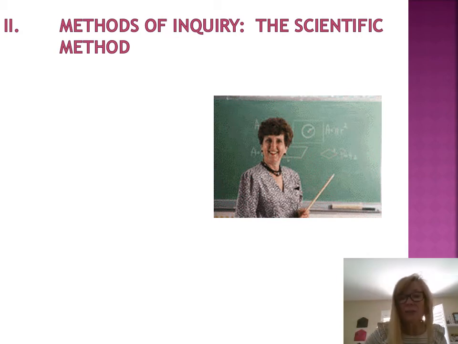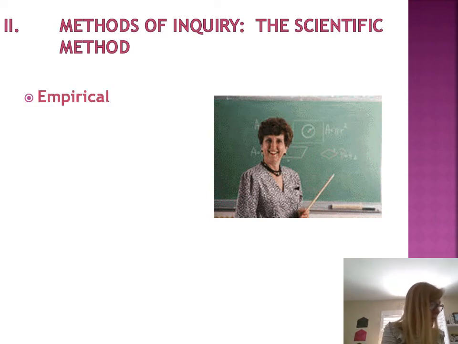So we've talked about these different methods of inquiry: empiricism, rationality, authority, tenacity, and so on. Well, let's talk about the scientific method, shall we? The scientific method, the beauty of it is that it incorporates many aspects of those other methods of inquiry. For example, the scientific method is empirical.